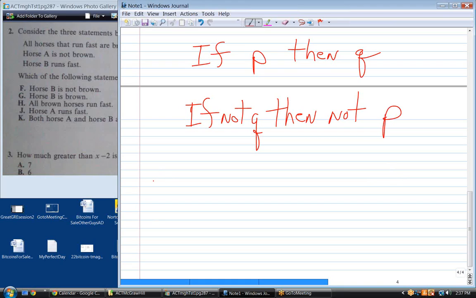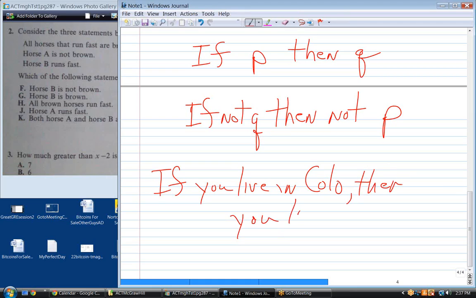Let me give you an example. If you live in Colorado, then you live in the United States. Obviously, if you live in the United States, you don't necessarily live in Colorado, right? You could live in New York or Florida.